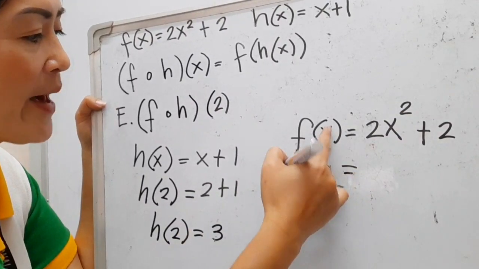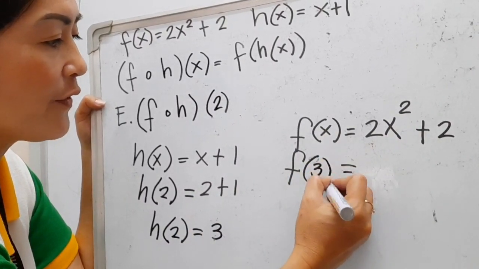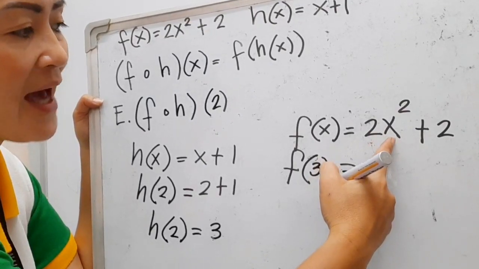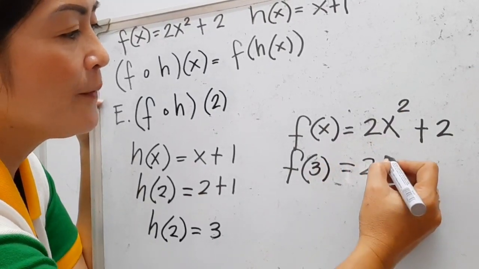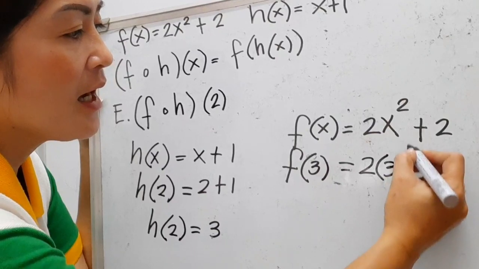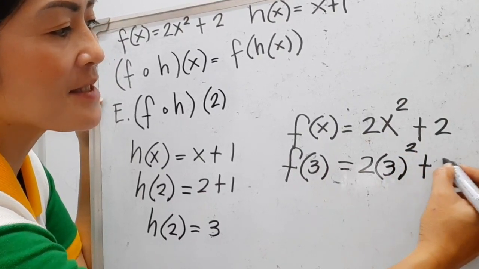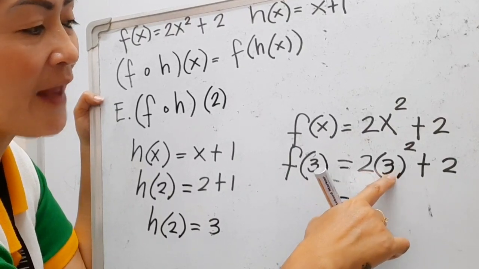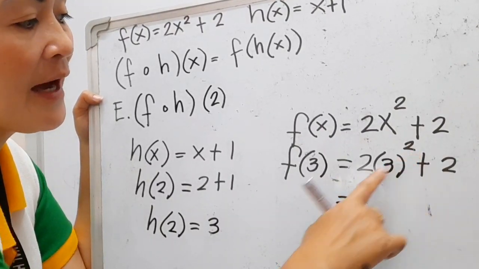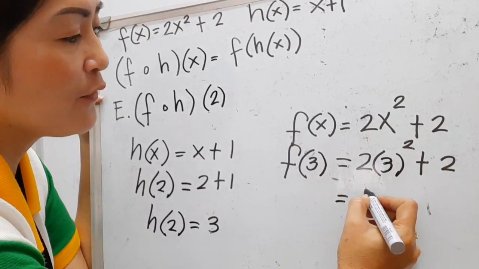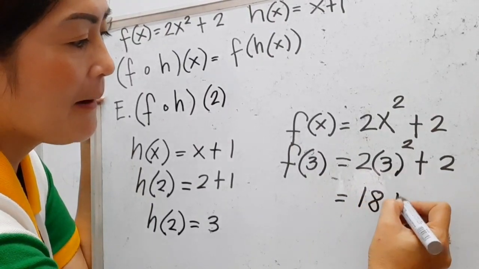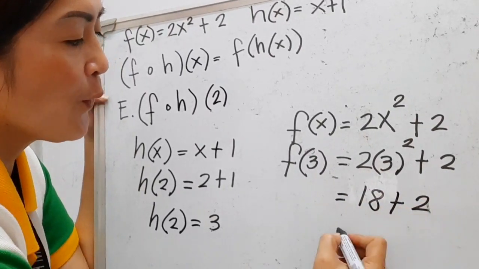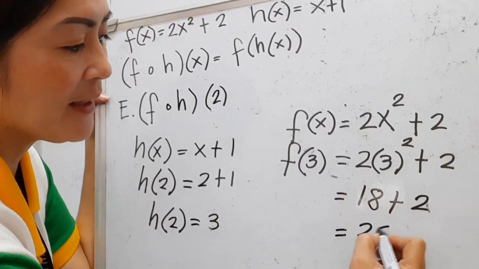So this f of x will become f of 3. So substituting x with 3, 2 times 3 squared plus 2. This will give us 3 times 3 is 9, times 2 will give us 18, plus 2 will give us 20.